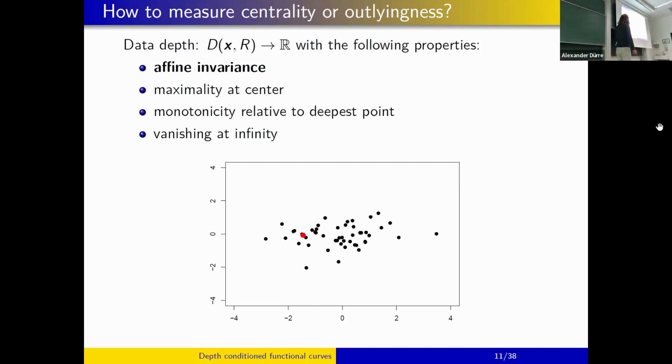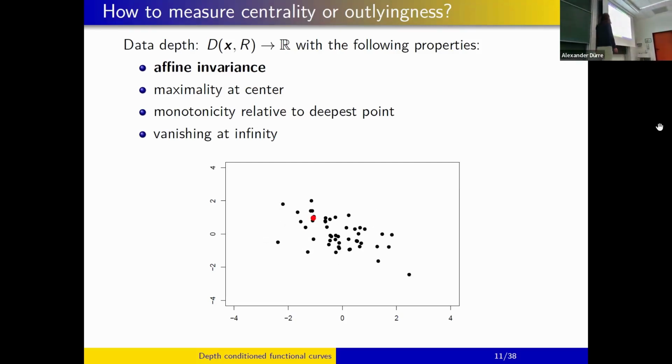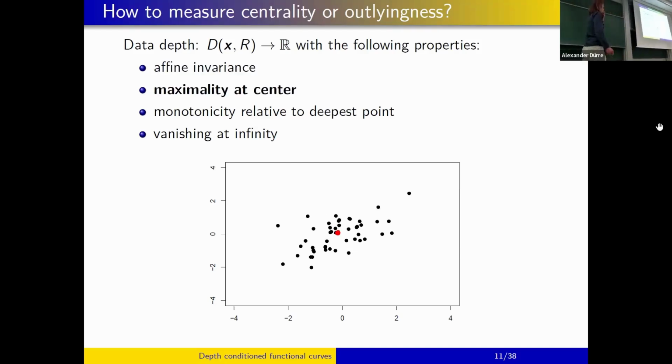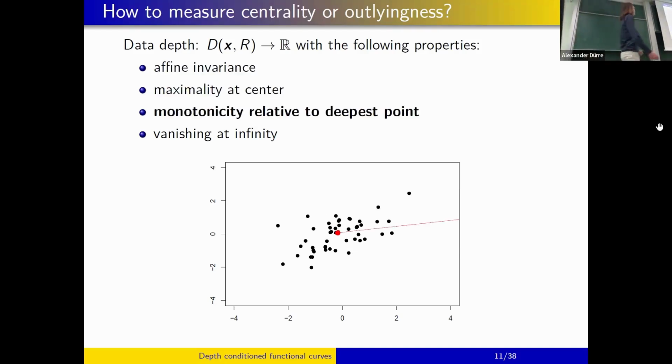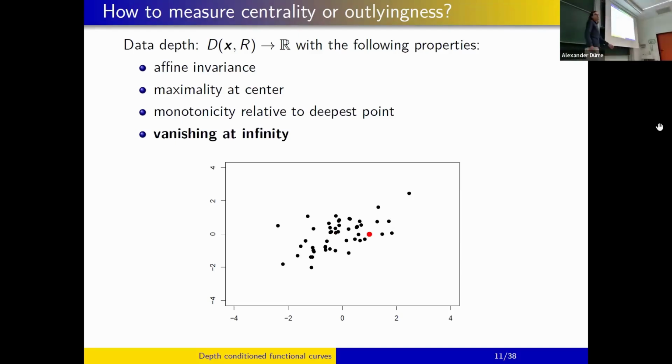The same holds if you rotate the data, then the depth also should not change. And it should be maximum in the center. If you go from the center outwards, it should be monotonically decreasing. That's important. And it should be zero at infinity.